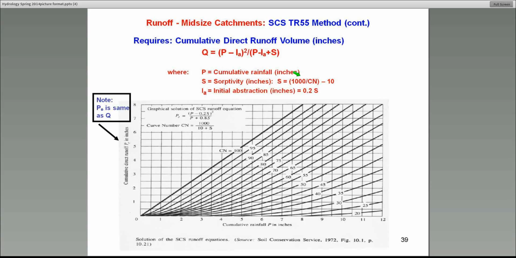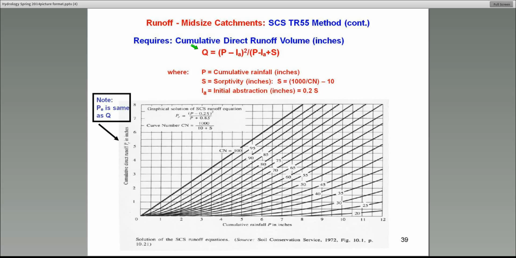Also, I want to emphasize that with SCS, everything is cumulative. Capital Q, capital P, they're all cumulative values. The initial abstraction also is cumulative. That's the total abstraction, total loss, not just incremental. And furthermore, I suggest you use this in SCS, in US units, because that's what this method was based upon.